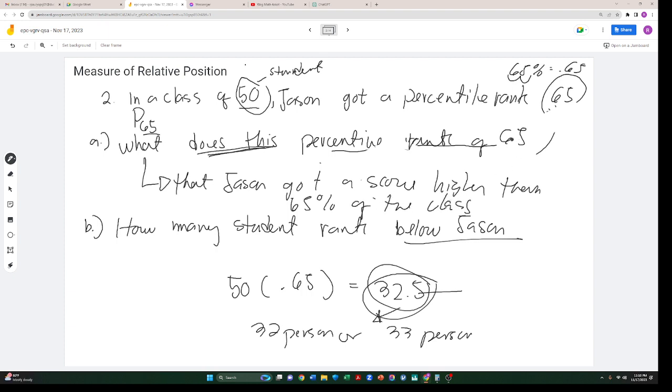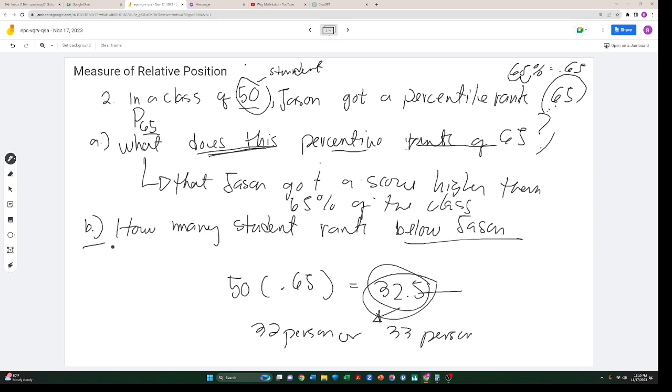That is how you interpret it. If it were 75, you would say that Jason got a score higher than 75% of the class.